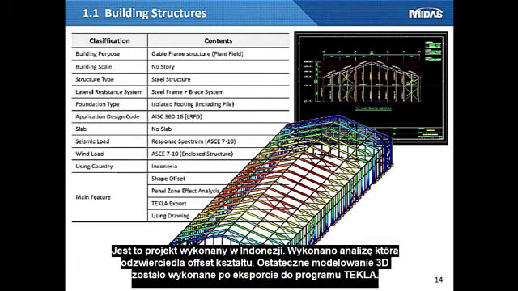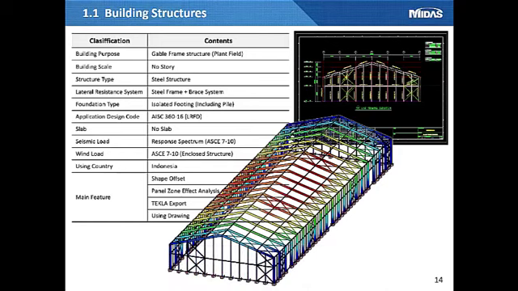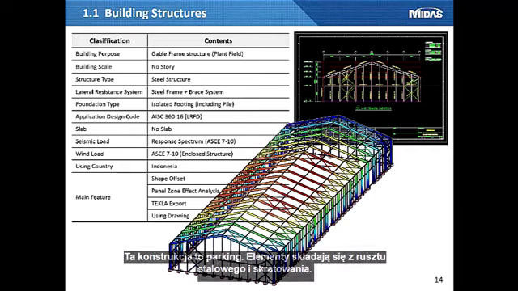It is a project applied in Indonesia, and analysis was performed that reflected the shape offset and P-delta effect. The final modeling was completed by exporting to a technical structure to complete 3D modeling.